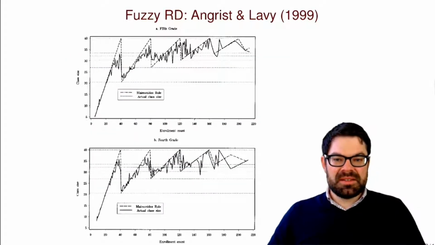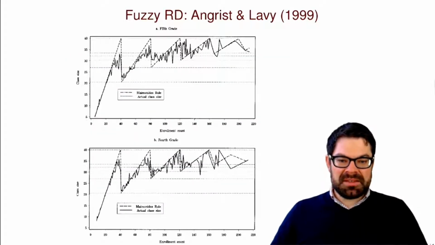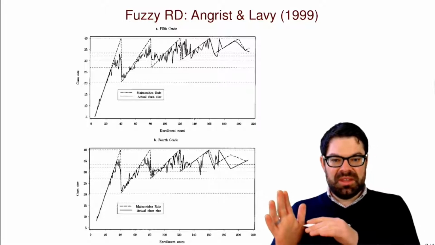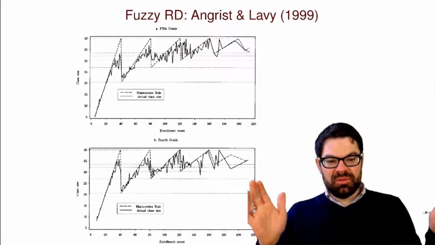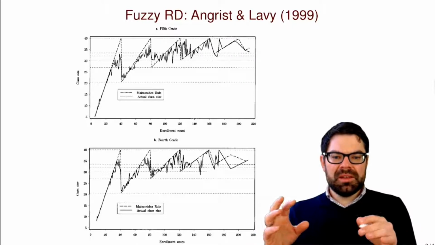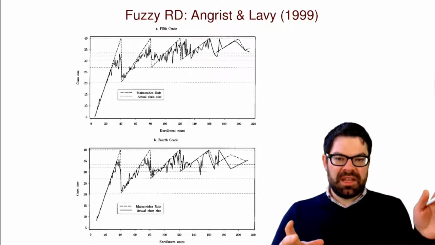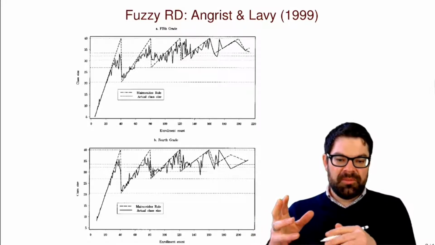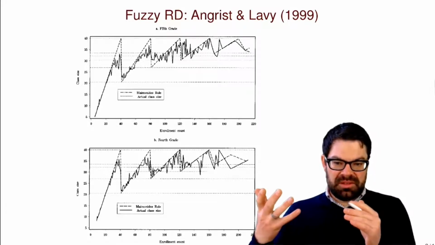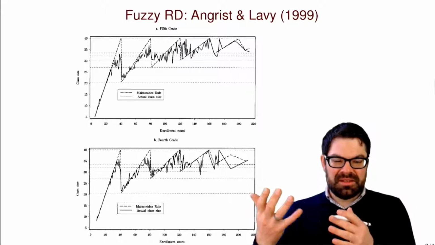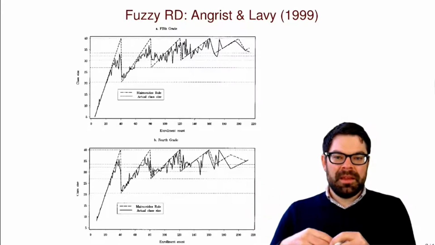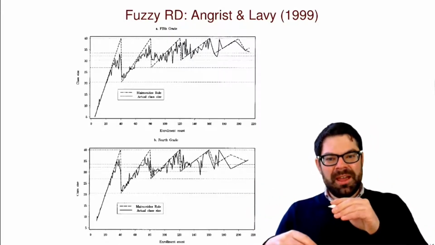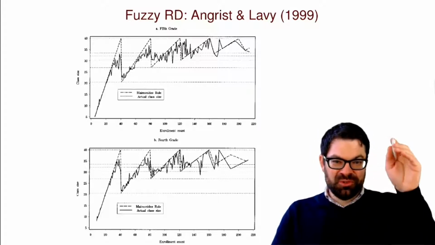And you can see this in the actual class sizes. What they plot here is the class size on the vertical axis versus the size of the starting cohort. The actual data is the solid line, and what is predicted by Maimonides' Rule is the dashed line. Maimonides' Rule would actually be a very sharp sawtooth pattern.